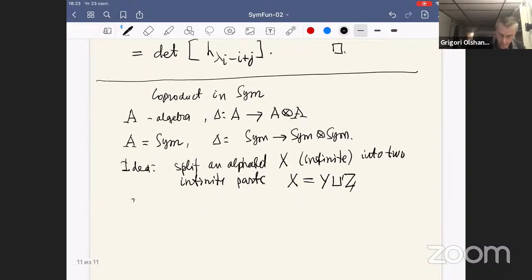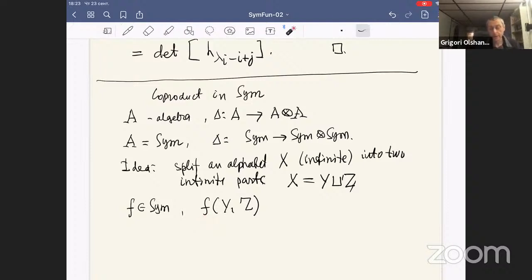And take an element f, a symmetric function. So it is a function in two sets of variables. And because f is symmetric, it is separately symmetric in the y variables and symmetric in the z variables.